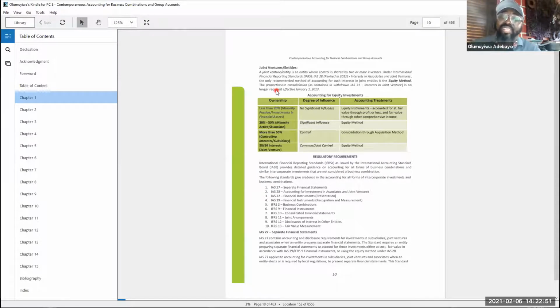But there are some aspects of intercorporate investment that give rise to business combination. That is the next level we are going to get to. We only get there when we are able to explain what a business combination is, so that we can come back to the intercorporate investment we discussed and see which of them actually give rise to business combination. Does that make sense? Yes.